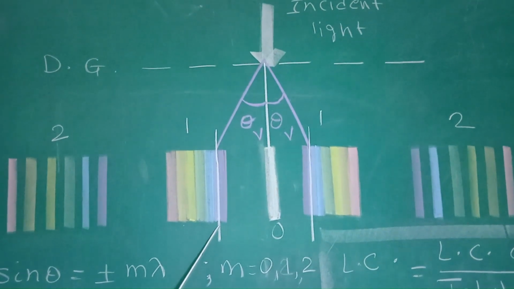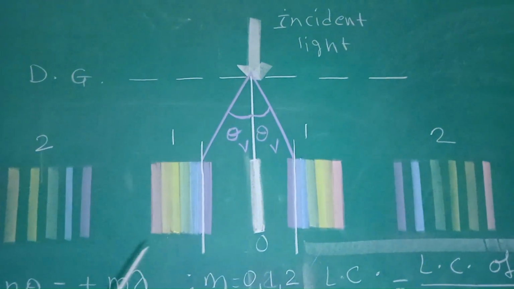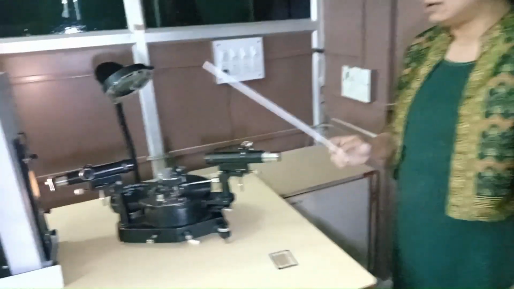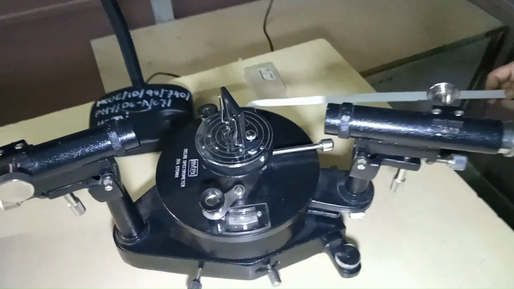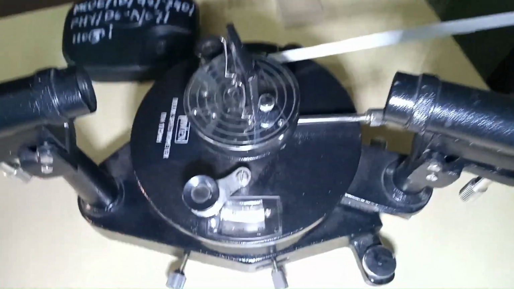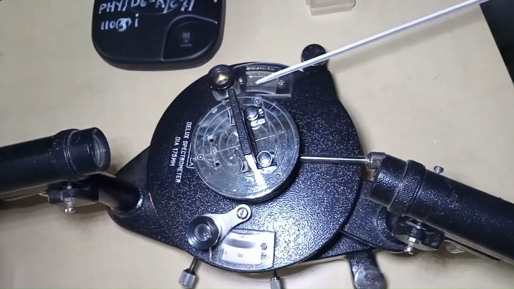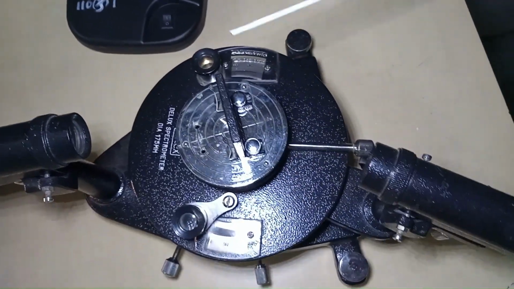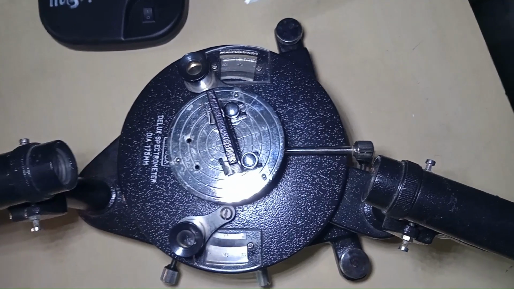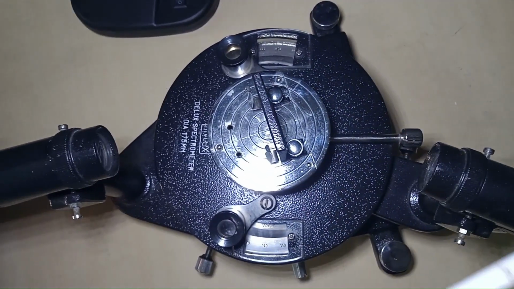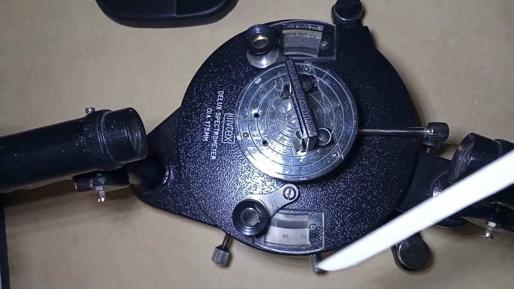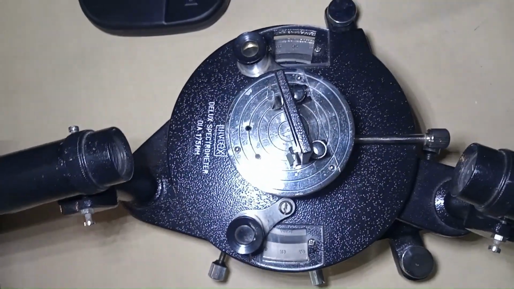And you have to take the reading from both windows, window A and window B. The difference between the readings of the windows will be exactly 180 degrees because these two windows are exactly opposite to each other.